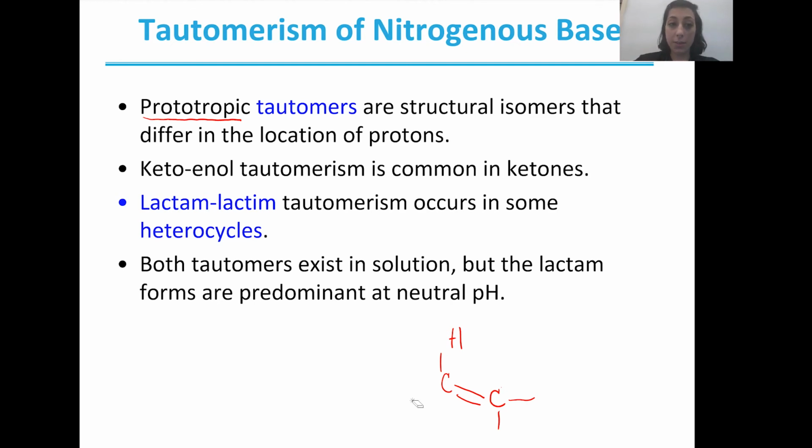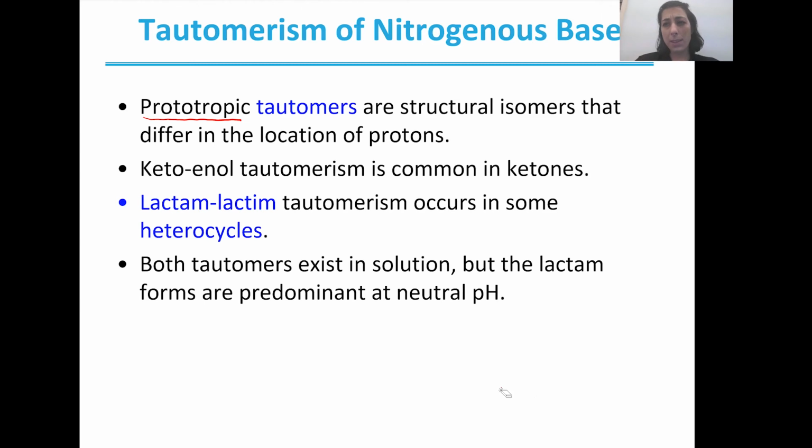This is another type of prototropic tautomer, which is called the lactam tautomerism. And it occurs in some heterocycles, including in our nitrogenous bases.